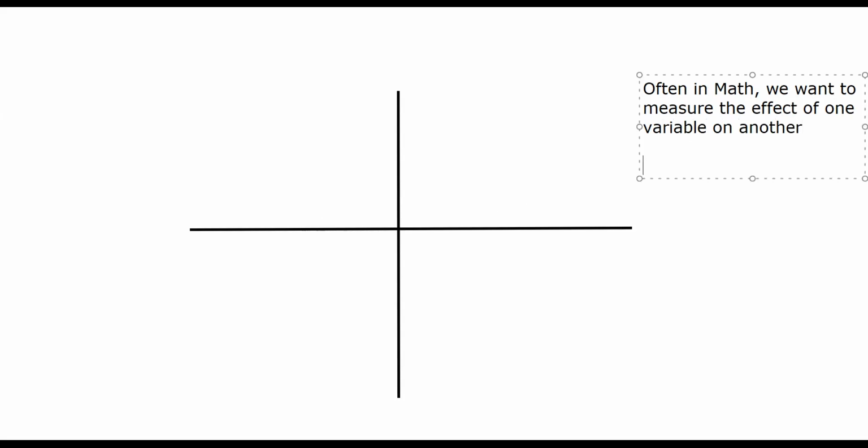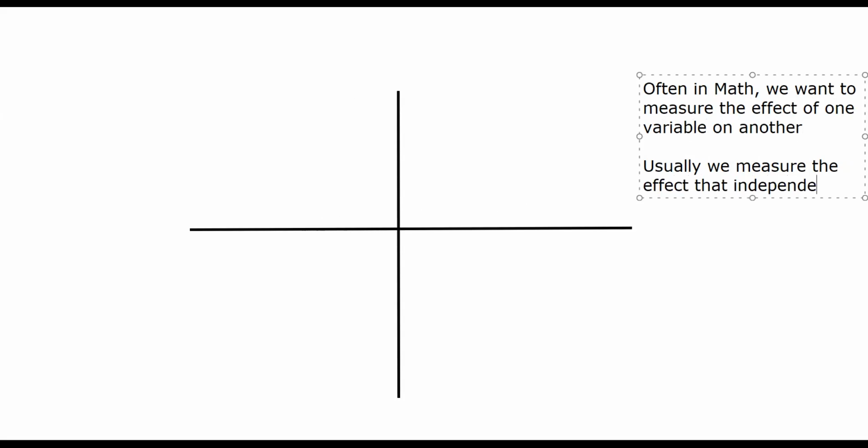Often in math, we want to measure the effect of one variable on another. Usually, in the simplest case, we measure the effect that the independent variable x has on the dependent variable y.